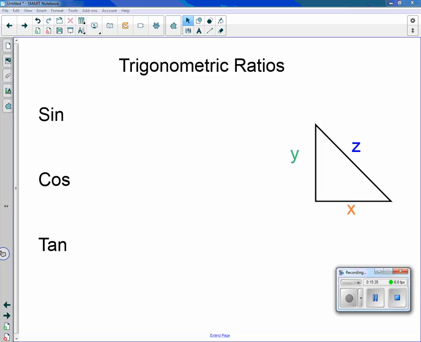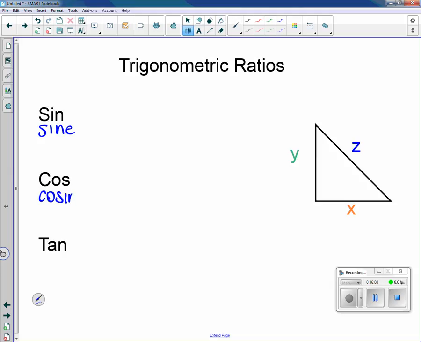In trigonometry, there are 3 trigonometric ratios that you have to memorize. Y'all have probably seen these on your calculator. It is not sin, it is sine. These are just the abbreviations. Okay? So this is really spelled this way. Sine, cosine, and tangent. But on the calculator, they say sin, cos, and tan. Okay?